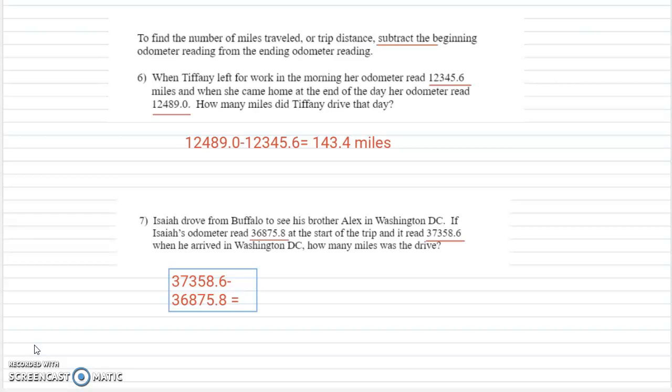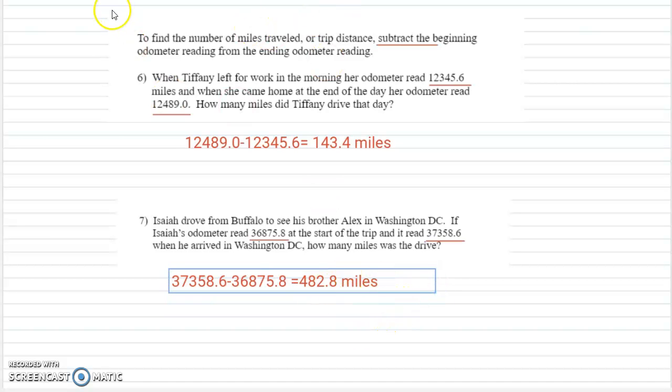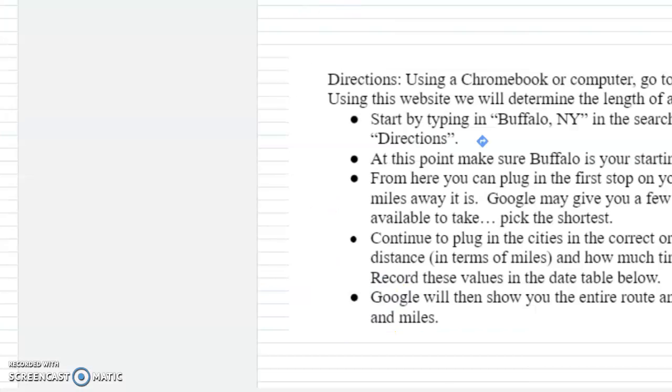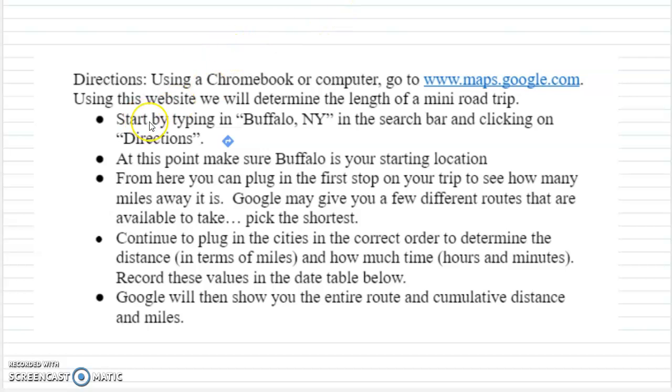So I got 482.8 total miles. That's a long drive from Buffalo to DC. Not too bad, but probably take you about 6 hours. 482.8 miles.